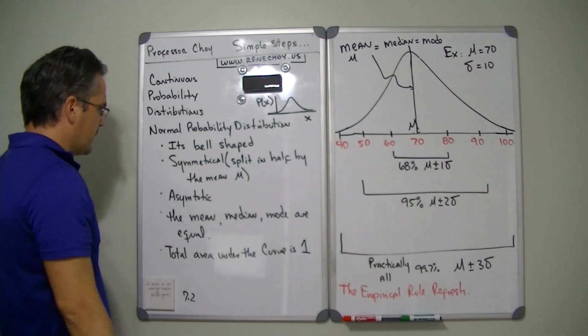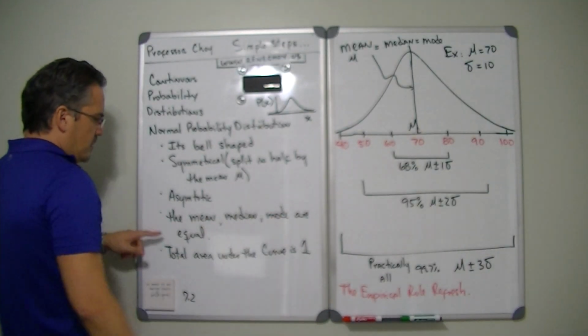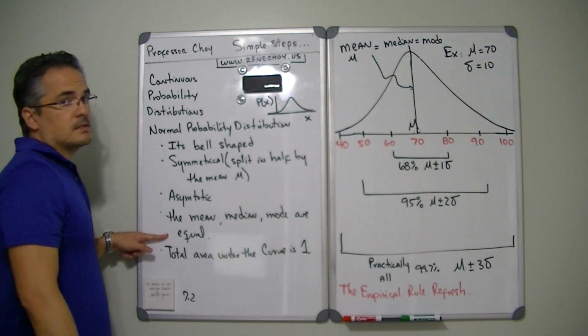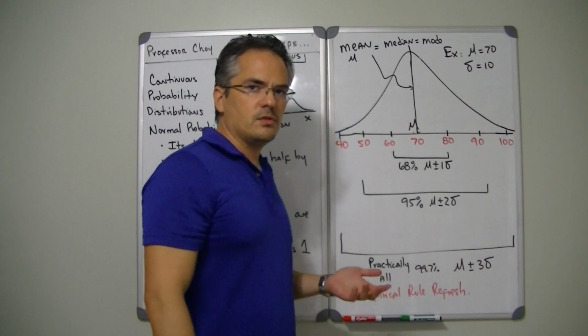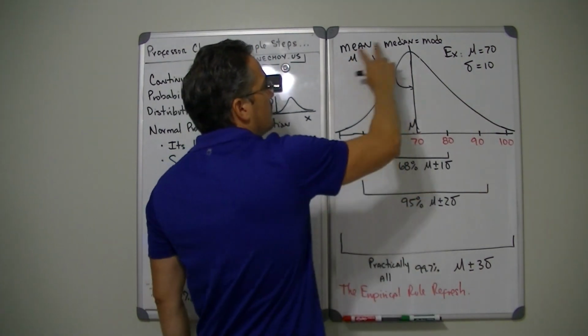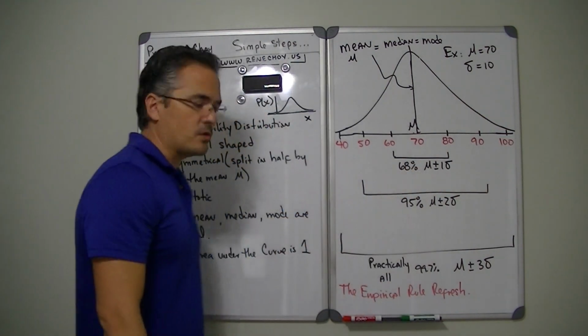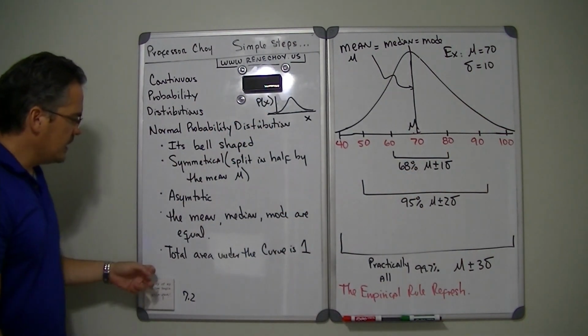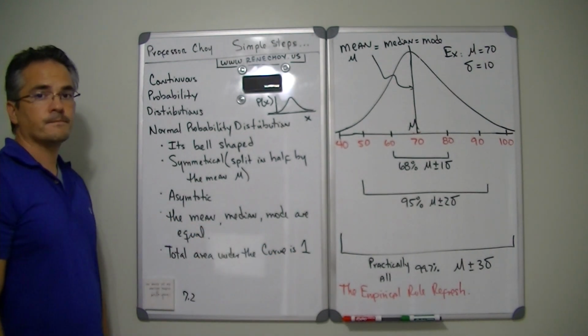Alright? The mean, the median, and the mode are equal. And that's basically the biggest telltale sign that you have a normal distribution. The mean, median, and the mode are all basically the same number right there. And of course you get the bell shape. Alright? And the total area under the curve is 1.